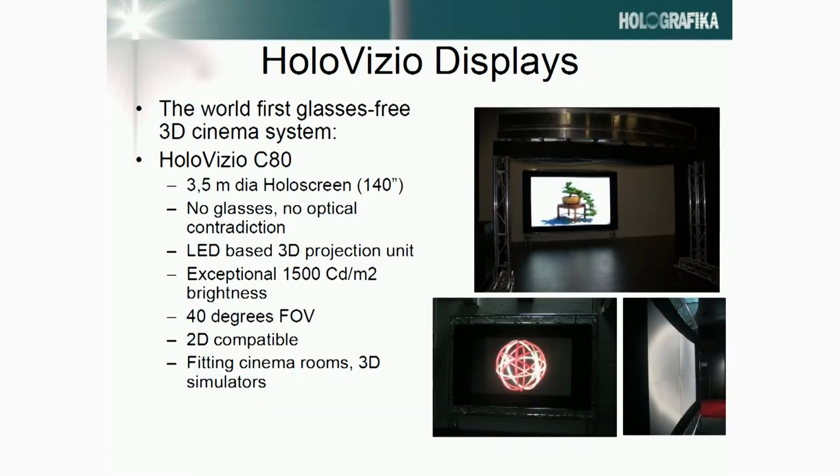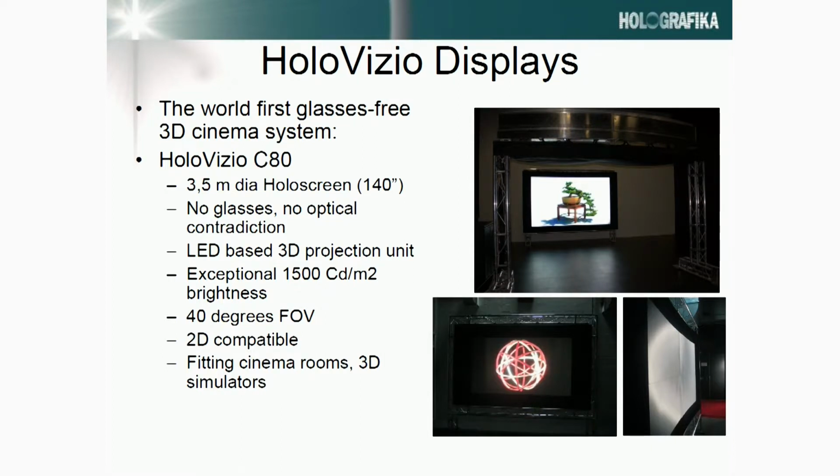Okay, and the last one that I would like to show you is going to be a cinema system, which is quite big. It's a 140-inch diameter display. Again, you don't need any kind of glasses, and there are no optical contradictions like you have with huge stereoscopic systems.